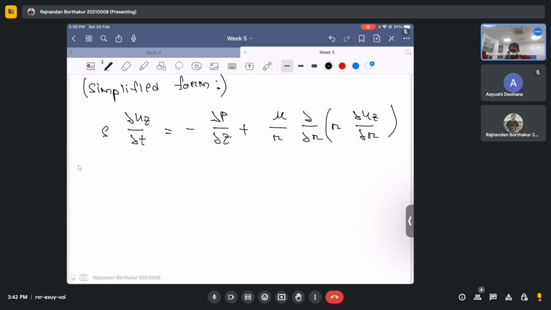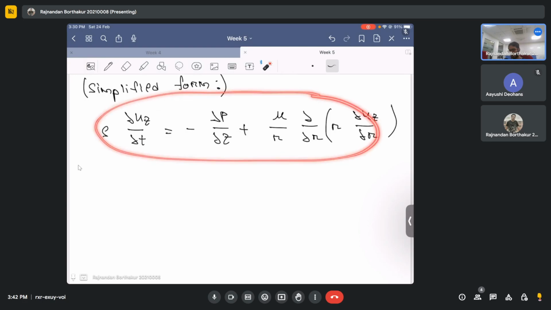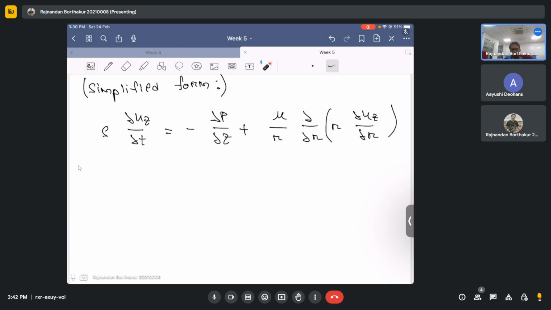All right, so can you tell me, if the pressure gradient is not oscillatory, or otherwise it's a constant value, which term in this equation would just drop to 0? dp by dz would go to 0? No, sorry.